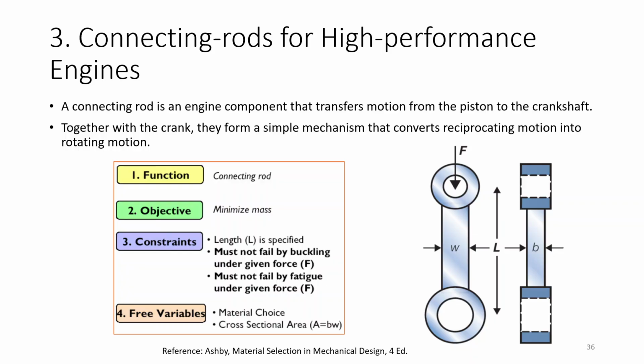One of the properties that these connecting rods should have is fatigue resistance. So the function is the connecting rod, the objective is to minimize mass, the constraint is length which is specified, and it must not fail by buckling under a given force F, and it must not fail by fatigue under a given force F, and the free variables are material choice and cross sectional area A, B times W.